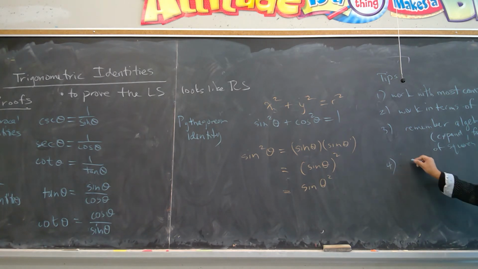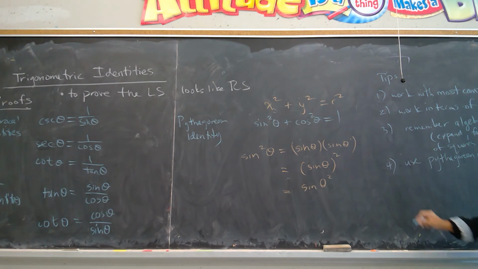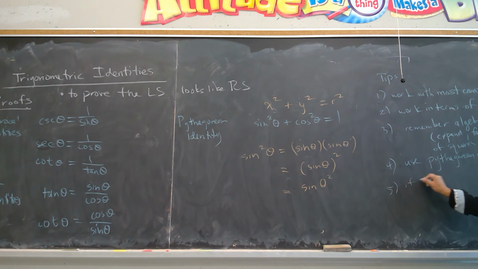Four, Pythagorean identity. And last but not least, if stuck, manipulate the other side.